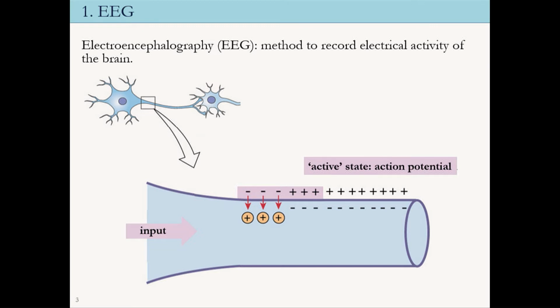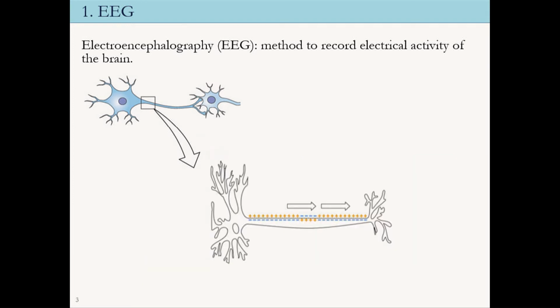The outside of the membrane becomes more negative, the inside becomes more positive, and this transition of negativity and positivity propagates along the axon. This is called an action potential. It goes along the axon, and it reaches the other neuron.